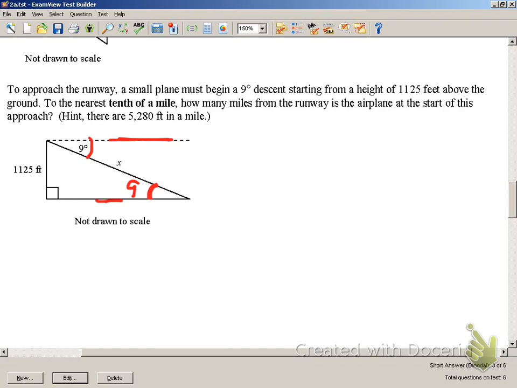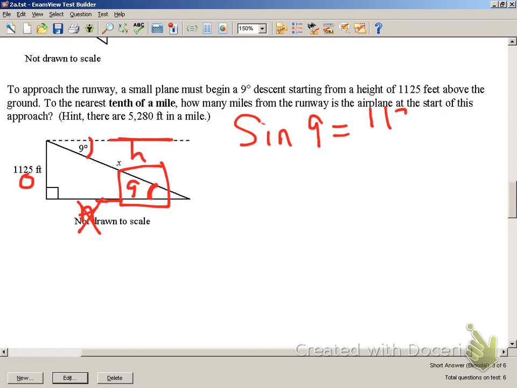So using that, if this is my angle, I have opposite, adjacent, hypotenuse. I do not need the adjacent. So, using SOHCAHTOA, this would be sine. Sine 9 degrees equals opposite over hypotenuse.